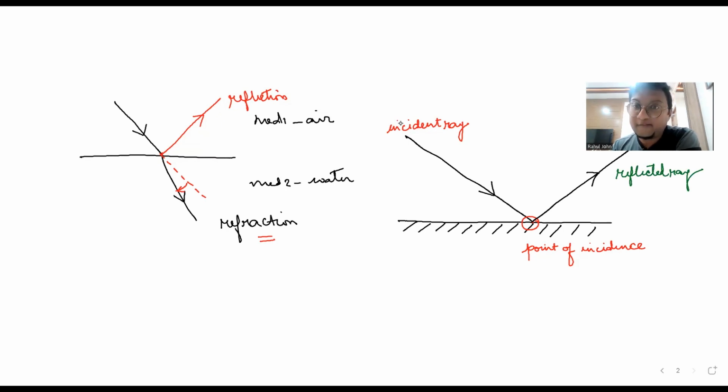And when we draw an imaginary line at the point of incidence, which is perpendicular to the reflecting surface, it is called the normal at the point of incidence. And obviously, this surface will be called the reflecting surface.